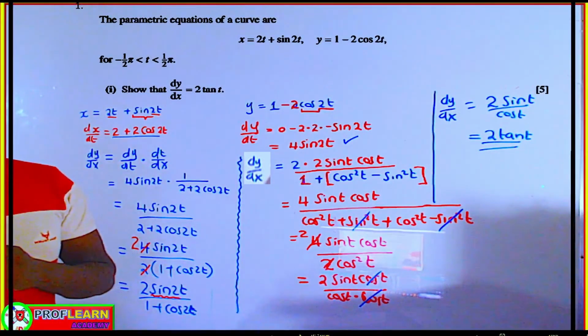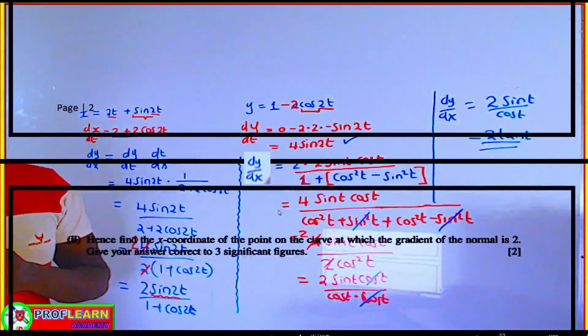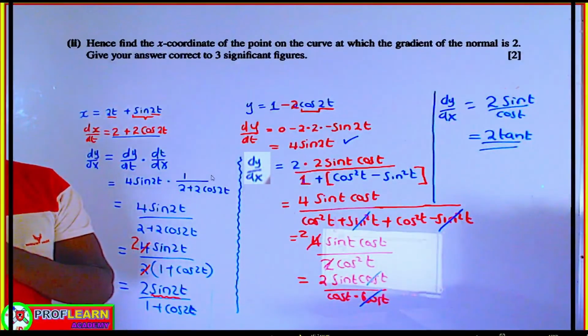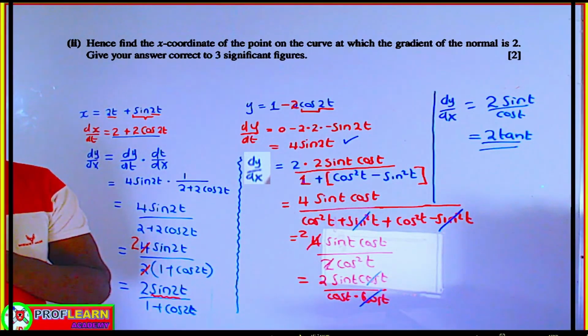Now, moving down to the next part, we are supposed to find the x coordinate of the point on the curve at which the gradient of the normal is actually equal to that.